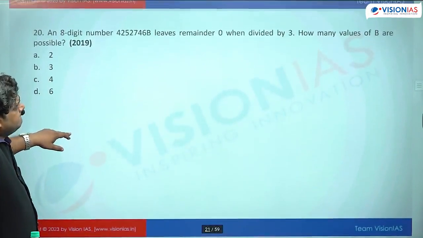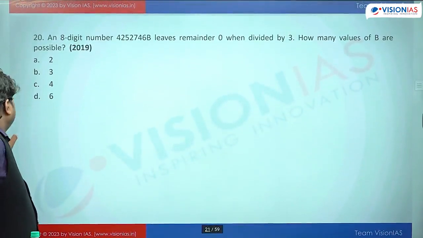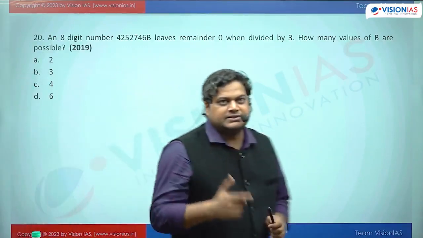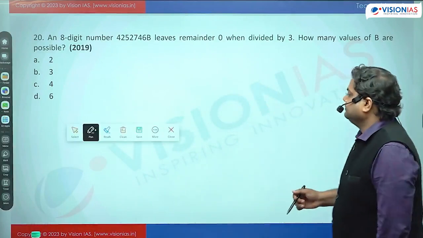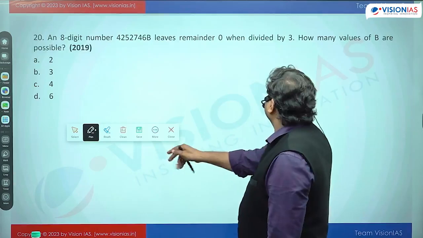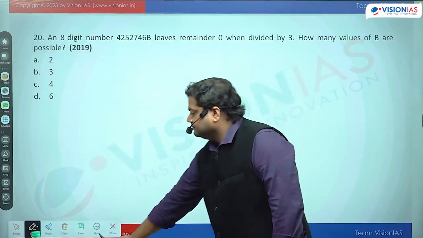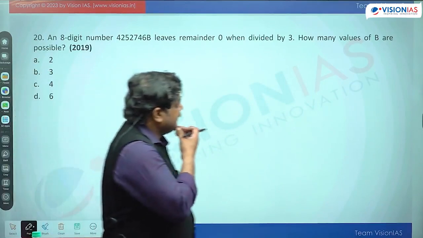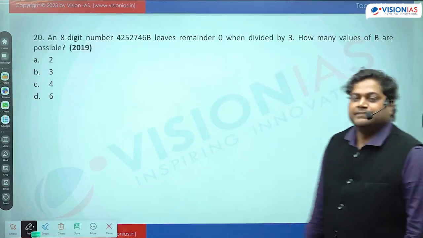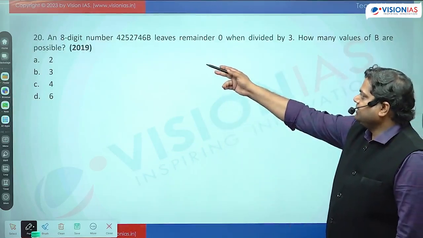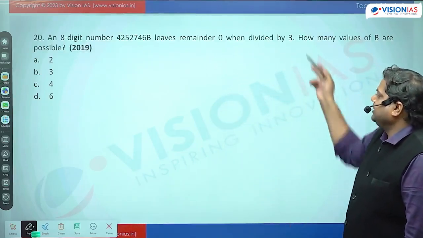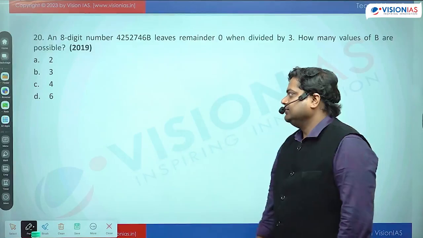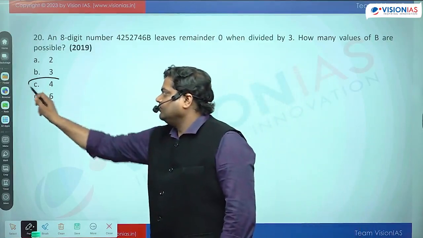See this question. We have done this also, guess, this type of question. An eight-digit number leaves remainder 0 when divided by 3. How many values of B are possible? C is coming as 4.